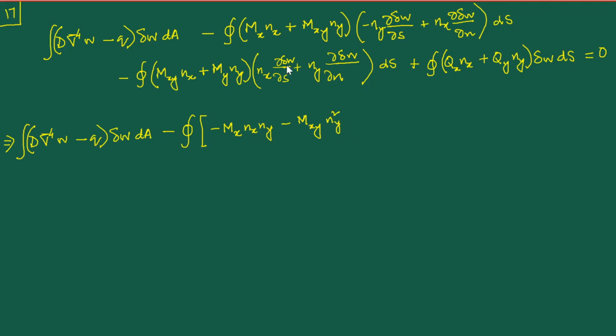And I'll next consider these terms which have this del delta w del s term. So that is mxy nx squared with a minus, and then this term minus my. Of course, I have to be a little bit careful here. I already have a minus outside here, so I need to write this with a plus.